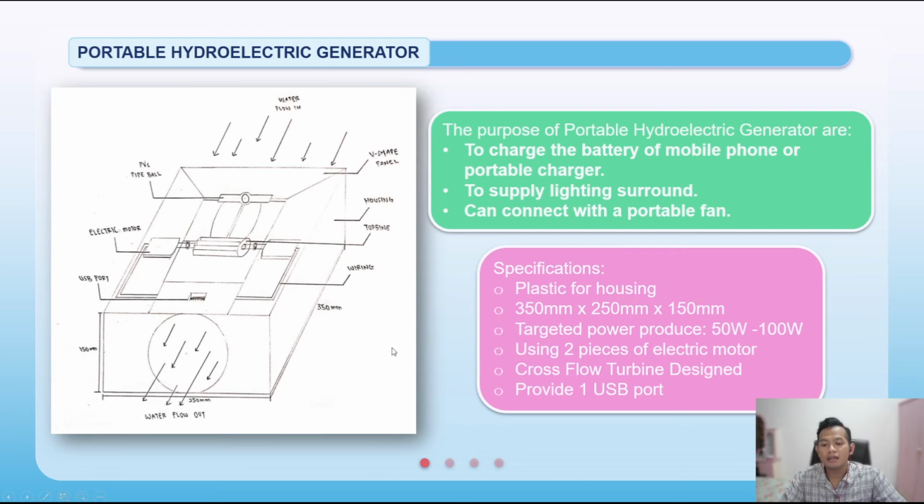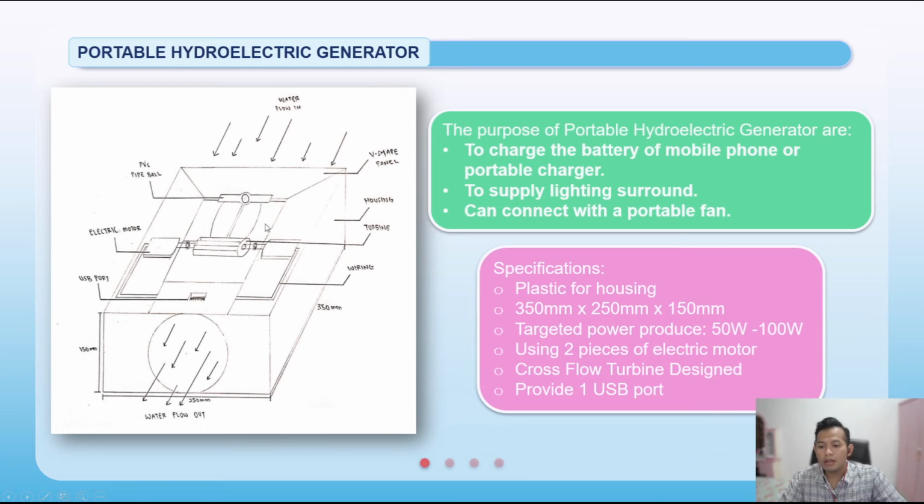As you can see in this picture, this is my idea or design for the portable hydroelectric generator. How does it work? It works when water flows in through the V-shaped panel. It will meet the PVC pipe bowl. The PVC pipe bowl is to control the volume of water flow.